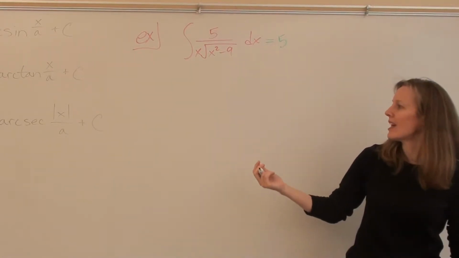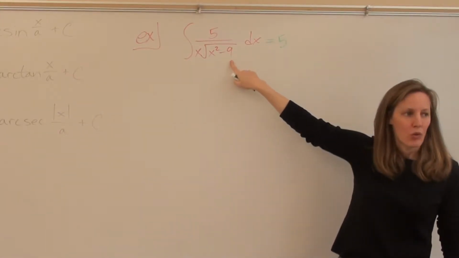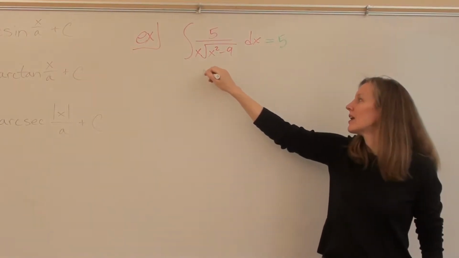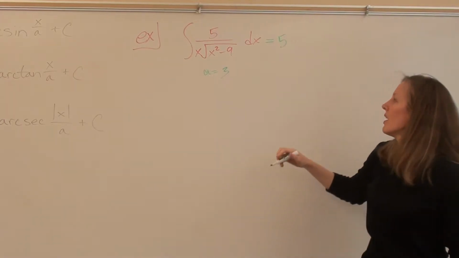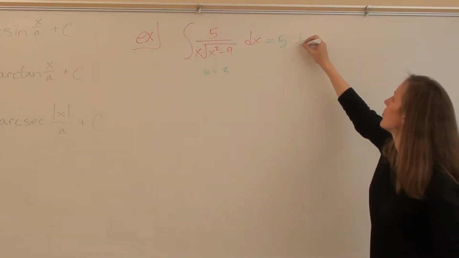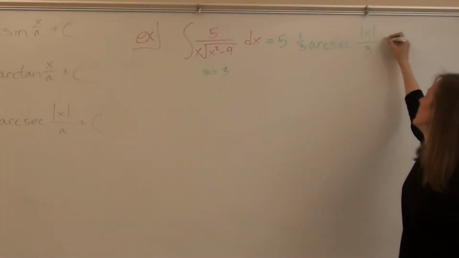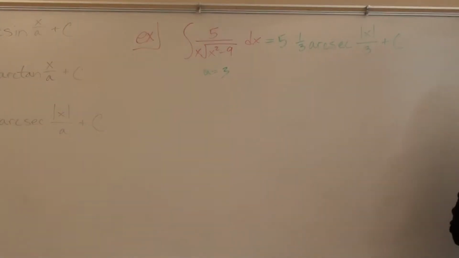How do we calculate that a? Well, it's x squared minus a squared. So if a squared is 9, what's a? A is 3. So what we get for our answer is 5 times 1/3 arc secant absolute x over 3 plus c. And it's a matter of just plugging into the formulas.